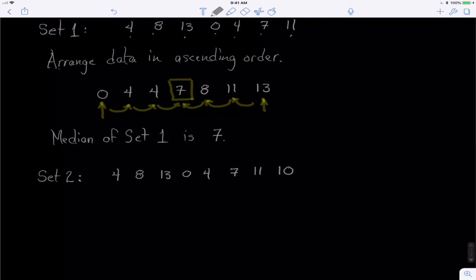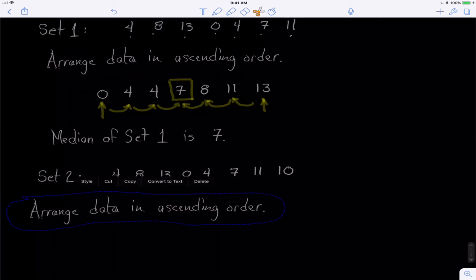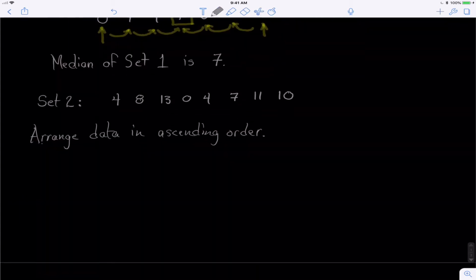But to find the median, we first have to arrange it in ascending order. I'm going to copy the previous setup instead of rewriting it, because we need to do the exact same thing. We are going to arrange the data in ascending order.